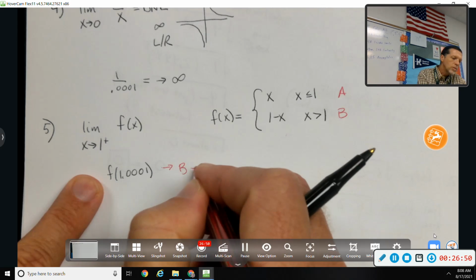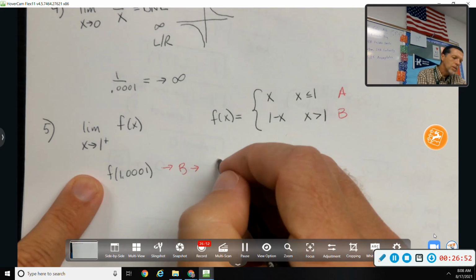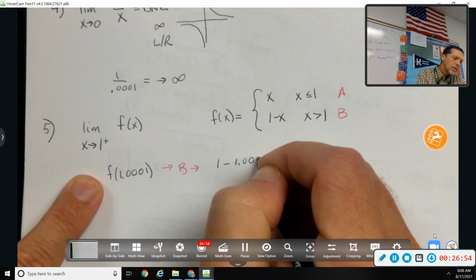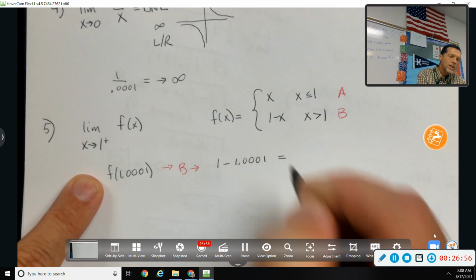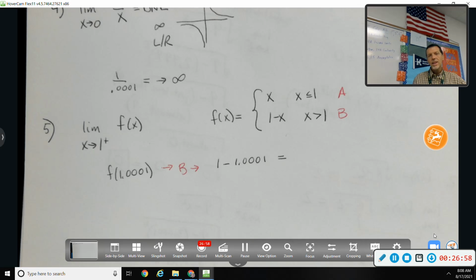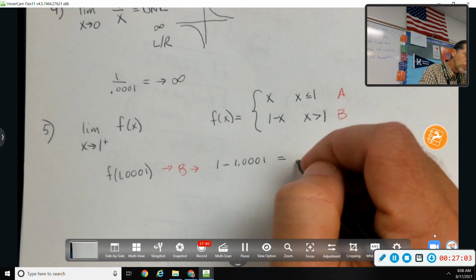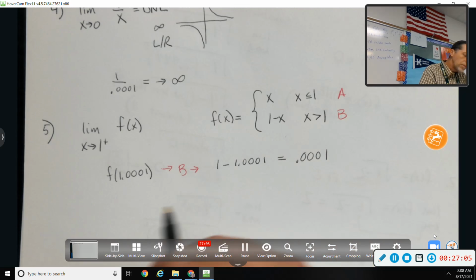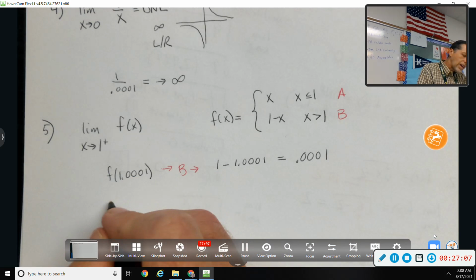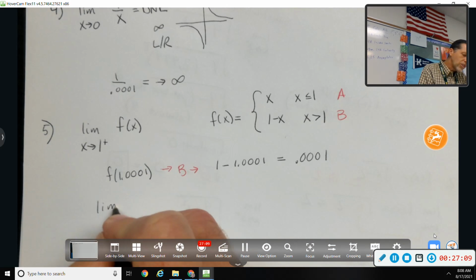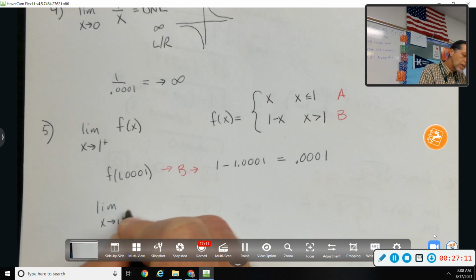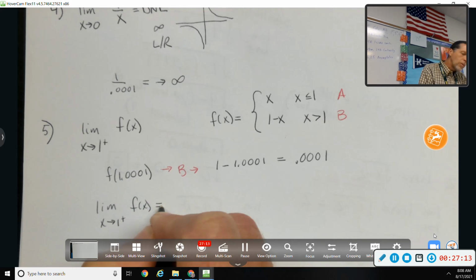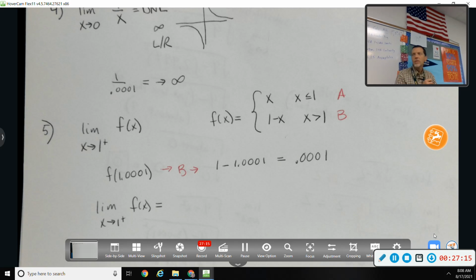So we plug that into the B branch and we get 1 minus 1.00001. I mean, I could write 0.00001, and I guess I should. And you could do that a couple of times, but eventually I think you'd figure out what's the limit approaching, what's the answer getting closer to? 0.